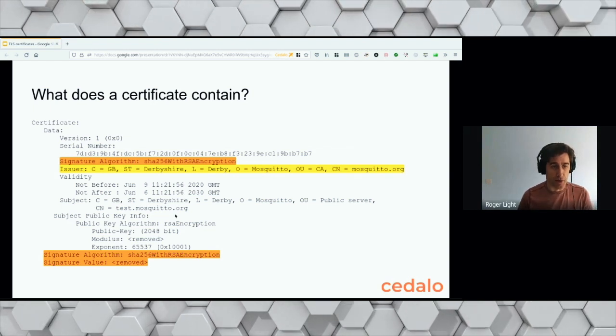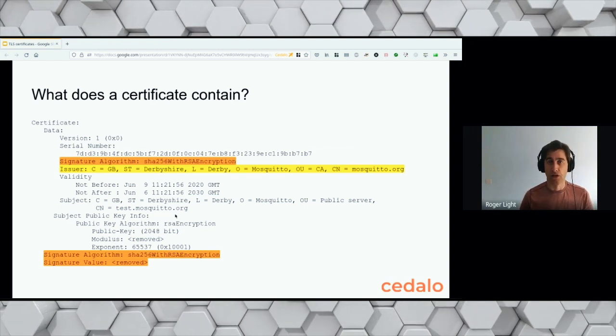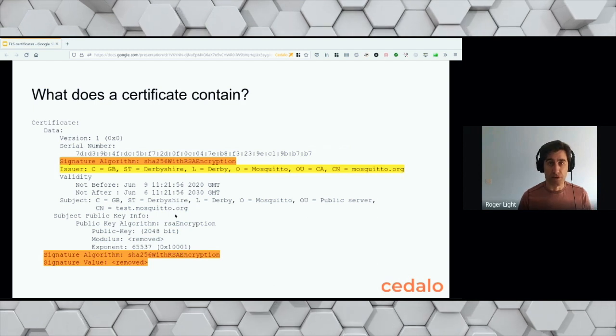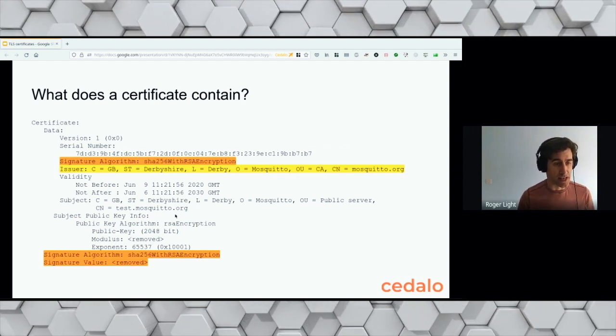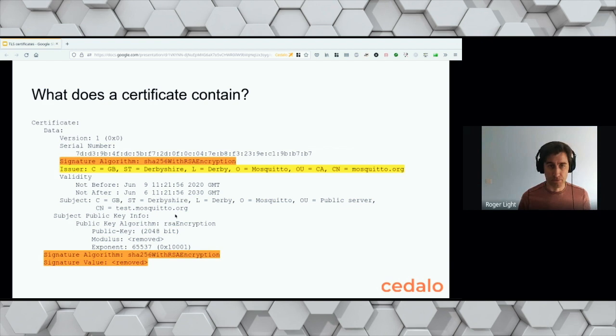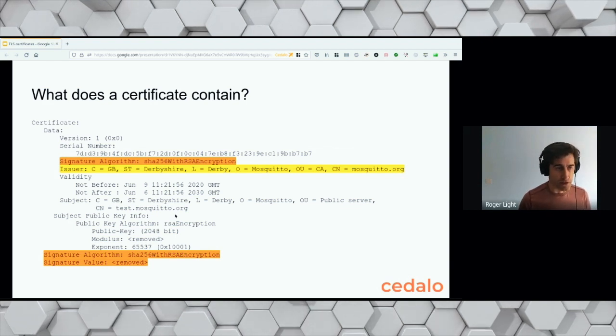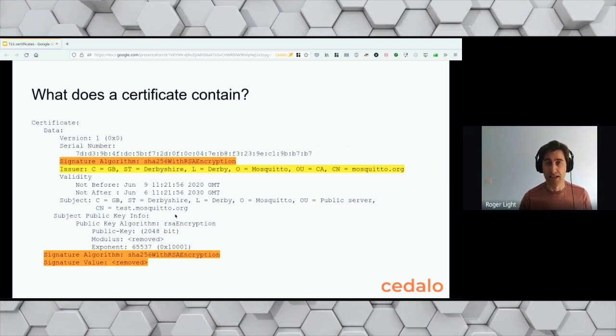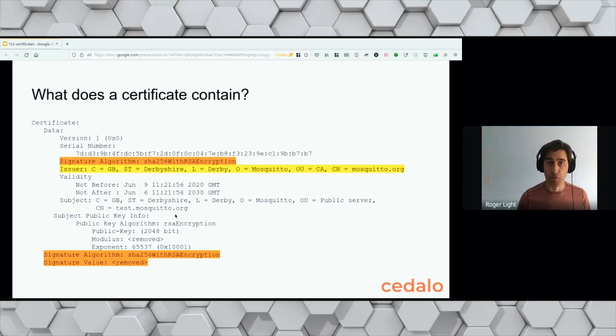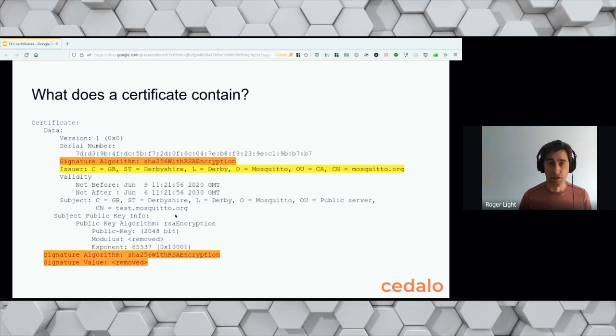We've also got information on the signature provided by the certificate authority. Again, the orange bits are the technical bits that we don't especially worry about too much at the moment. The yellow is then the subject line from the issuer, so the certificate authority.